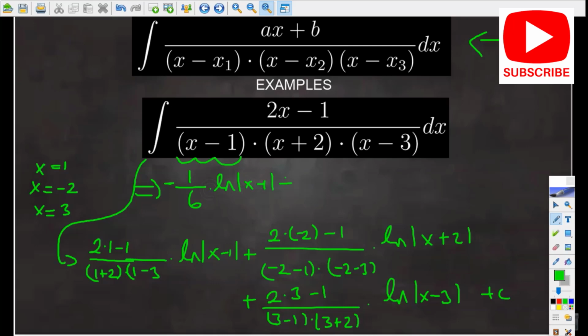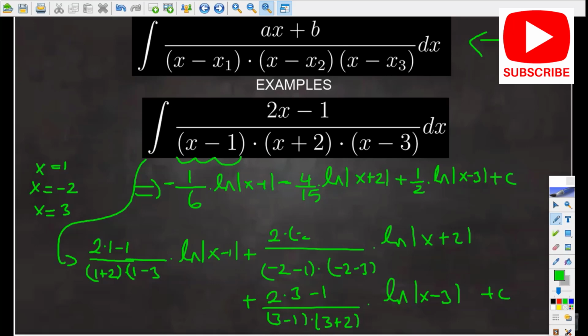And plus, the second thing is going to be equal to negative 4 over 15 after you simplify, times natural log of x plus 2, and plus 1/2 times natural log of x minus 3, and plus C. So that's the solution to the given indefinite integral.